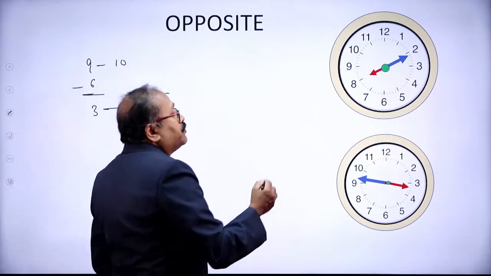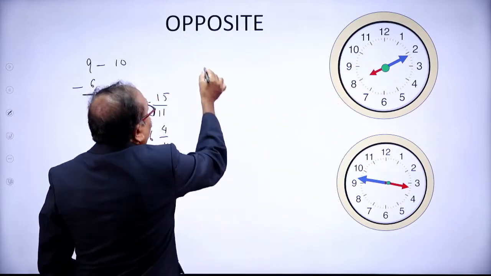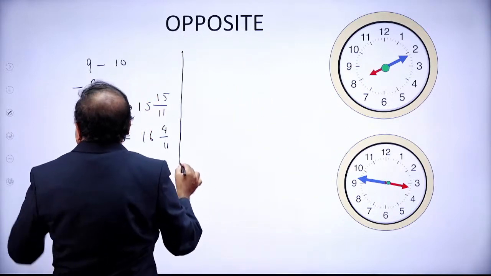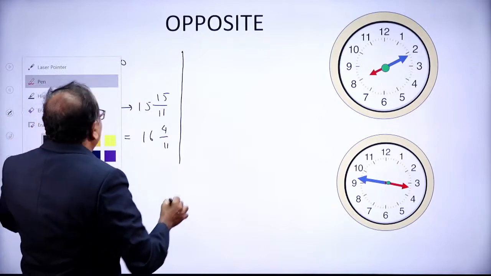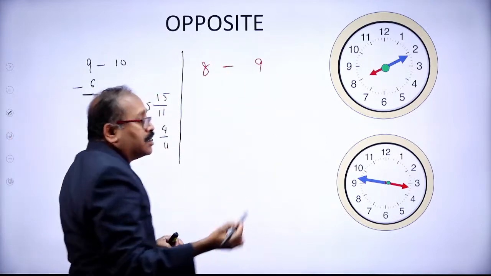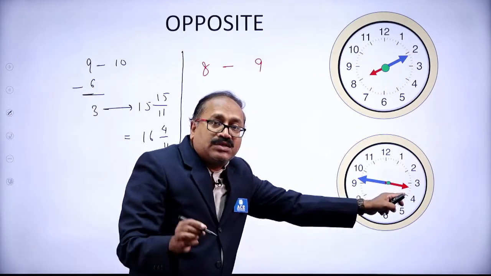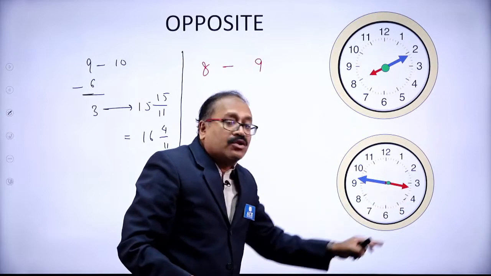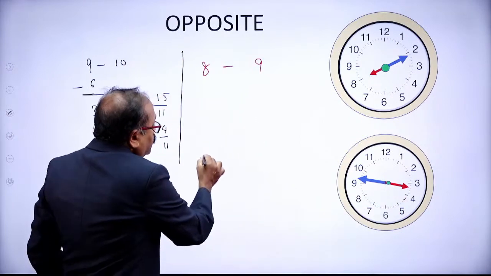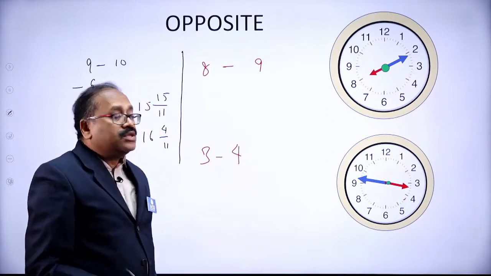Now between 8 o'clock and 9 o'clock, at what time will the hands of the clock be opposite to each other? And the other example I have taken, in between 3 o'clock and 4 o'clock, at what time will the hands of the clock be opposite to each other? Notice one thing here.